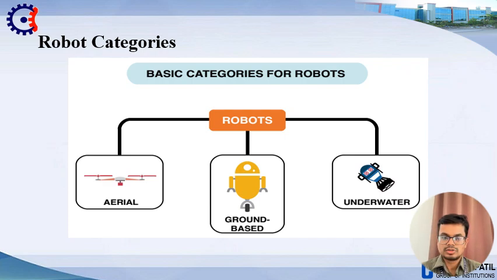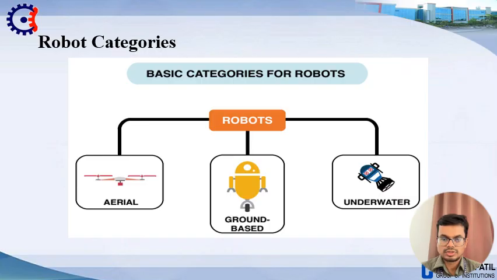Examples of aerial robots are UAV, which are unmanned aerial vehicles. Those are used by the army for surveillance and different purposes. And the examples of underwater robots are AUV, that is autonomous underwater vehicle.